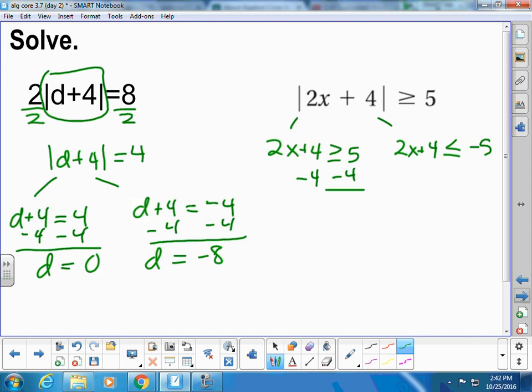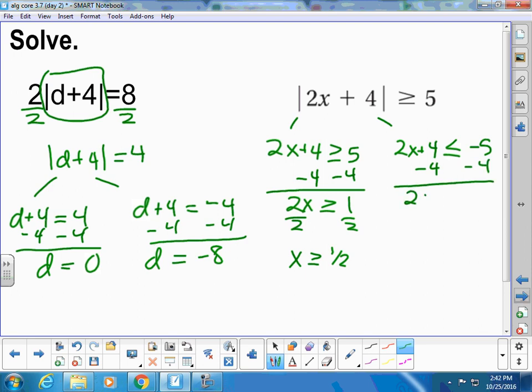I want to move everything away from my x's, so I subtract 4. 2x greater than or equal to 1. If I keep going on this one, divide by 2, I get x is greater than or equal to 1/2. All right, now let's try this one. You get 2x is less than or equal to -9. Divide by 2. X is less than or equal to -9 halves, which is -4 1/2 or -4.5.